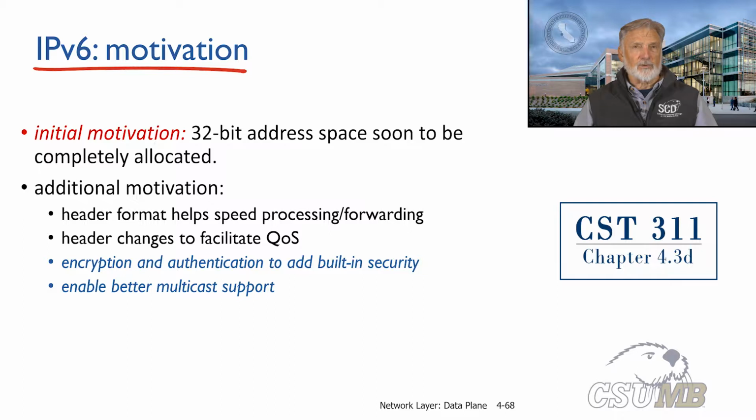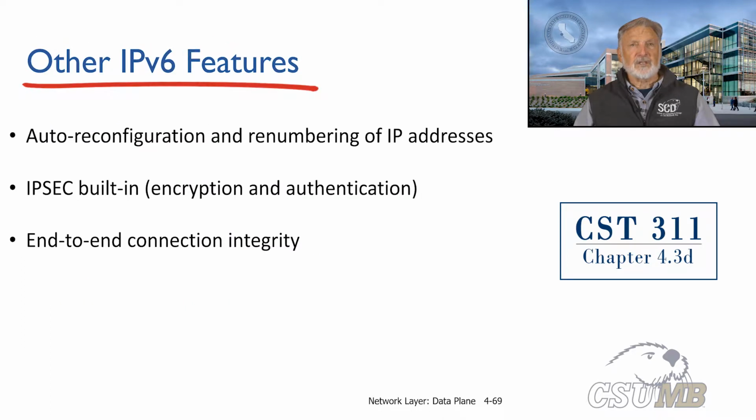Since the IP protocol needed to be upgraded, the IETF set other goals to improve the performance over IP version 4. Some of these were to speed the processing and forwarding, to facilitate the quality of service, to add built-in security, and provide better support for multicast. IPv6 supports auto-reconfiguration and renumbering of addresses, in contrast to the manual and DHCP renumbering of IP version 4.